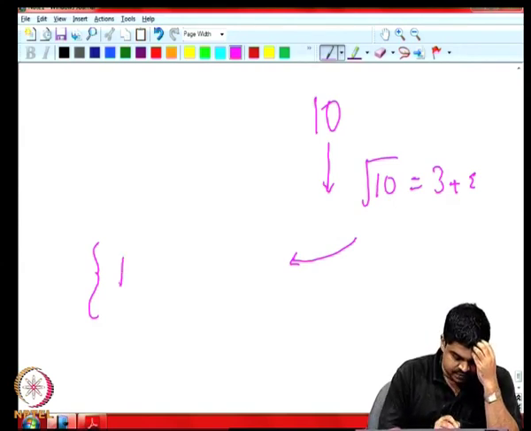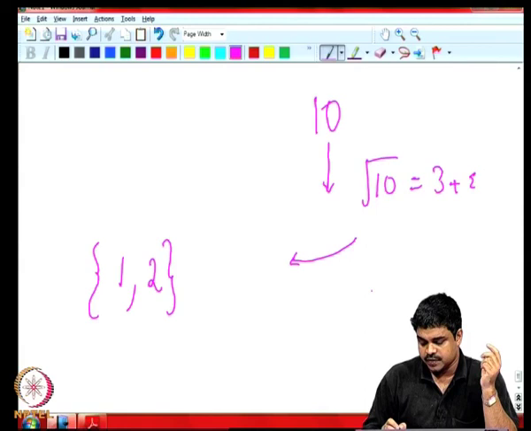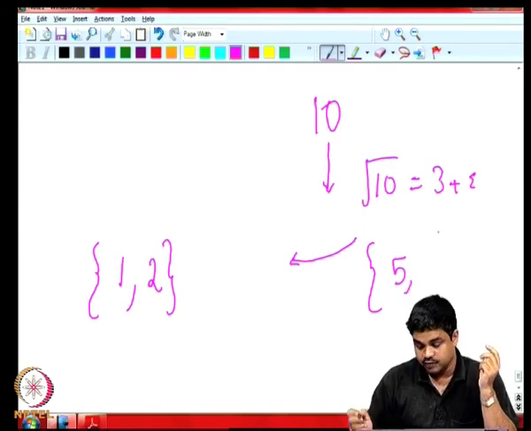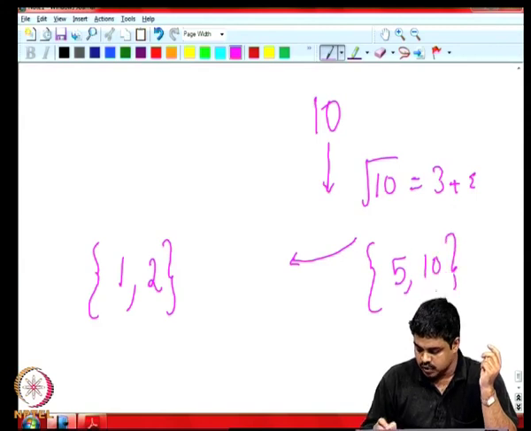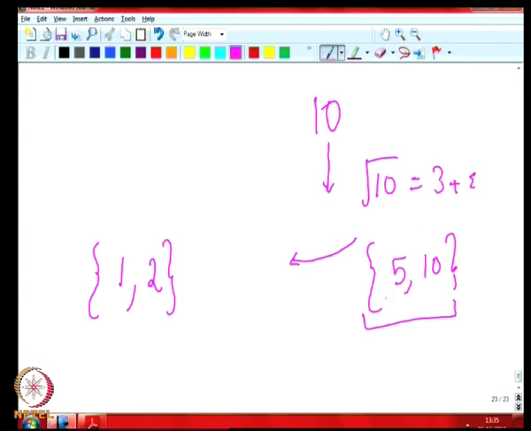So, 1 is a divisor, 2 is a divisor. And then I am interested in the divisors of 10 which are above root 10, that is 5 and 10. So, it so happens that the number of divisors below root 10 is 2, and above root 10 is also 2. So, these are equal.